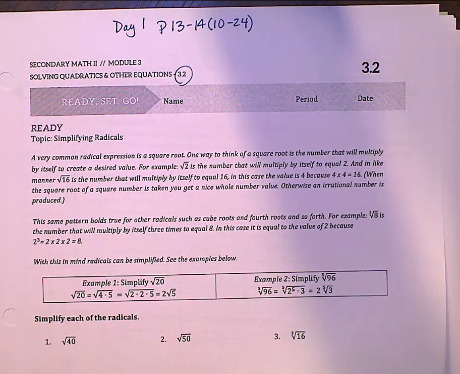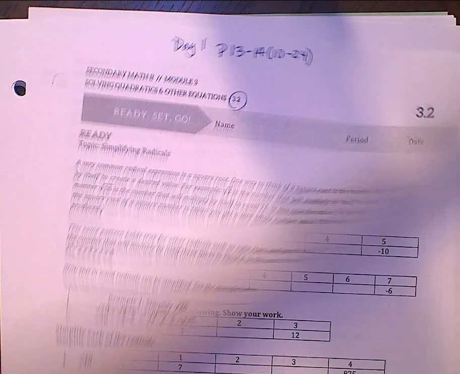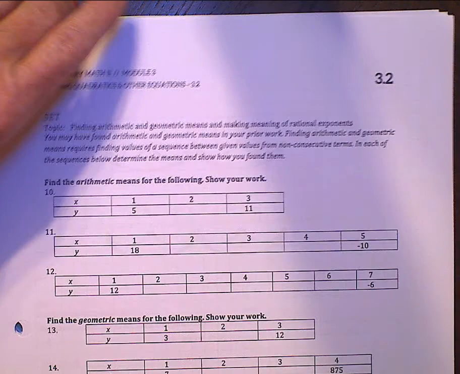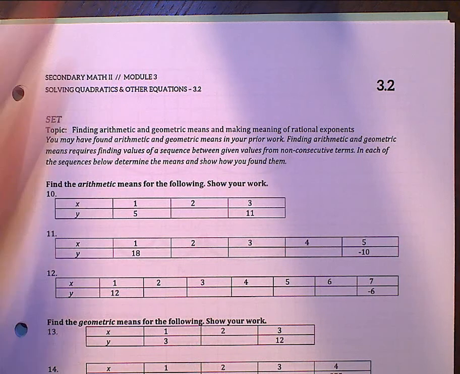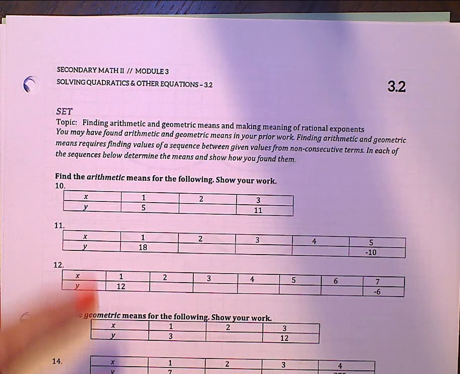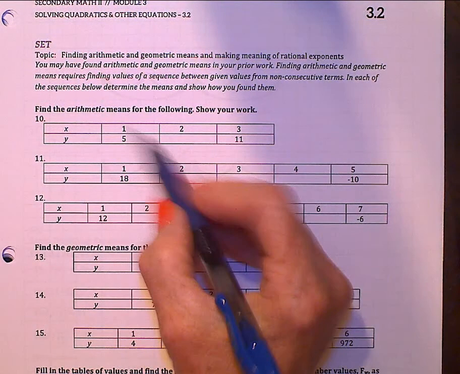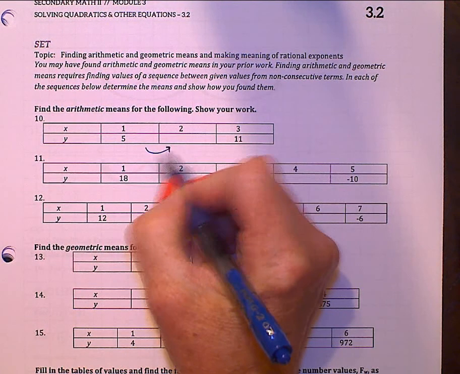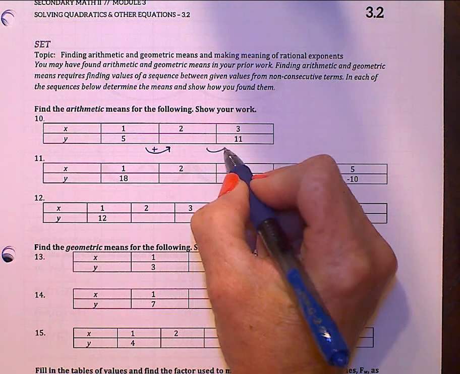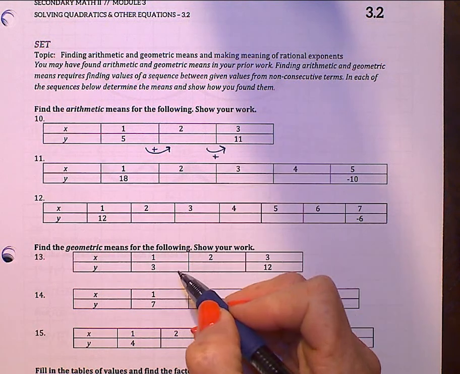I do want to show you something very quickly. Over here on page 13, we're talking about arithmetic means and geometric means. Arithmetic, we're just figuring out what you're adding to get from one term to the next. We've done that a bunch of times now.